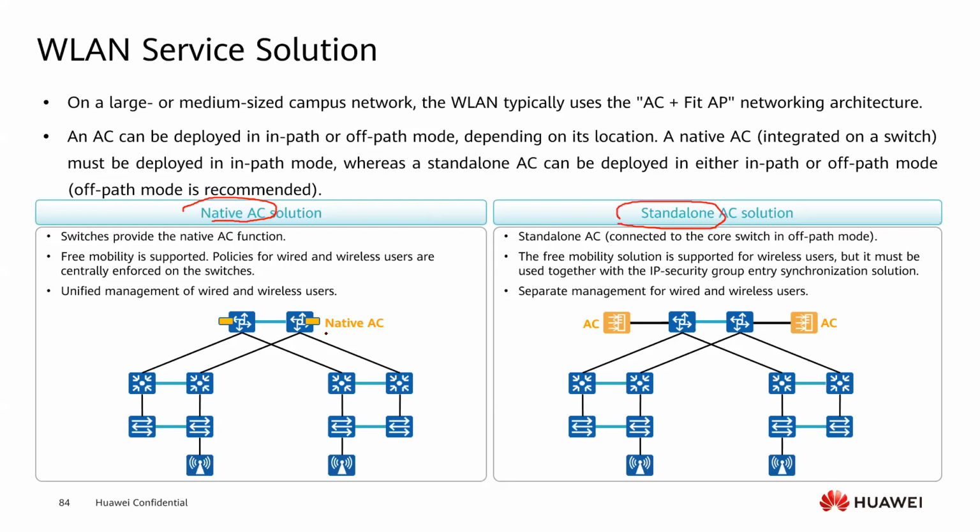We suggest you use the native AC because if you use the native AC, it can be controlled by the MSNC controller, and you can do unified management of the wired and wireless users. It also supports the standard AC in the traditional network mode, which just separates the management for wired and wireless users.